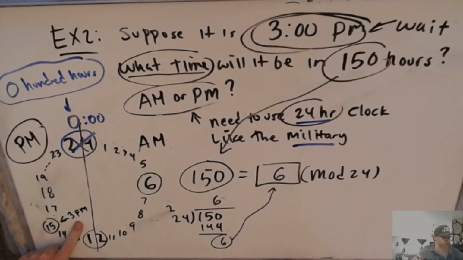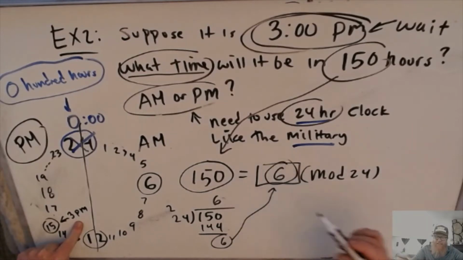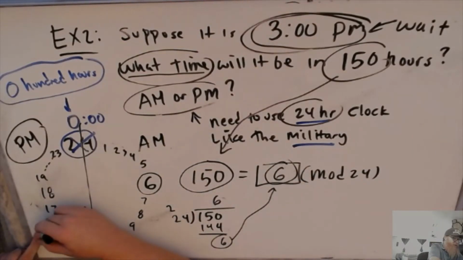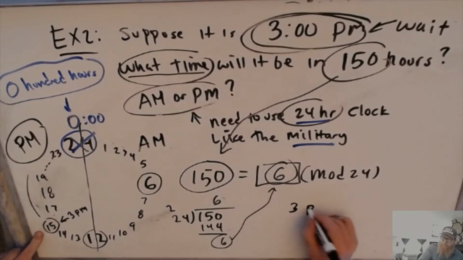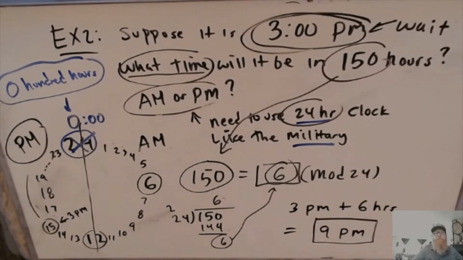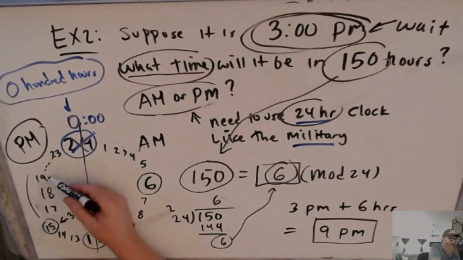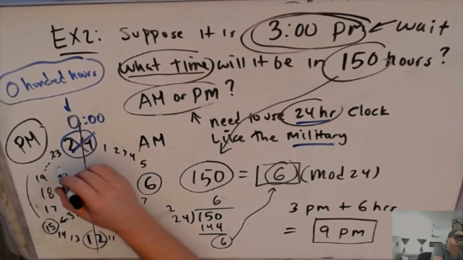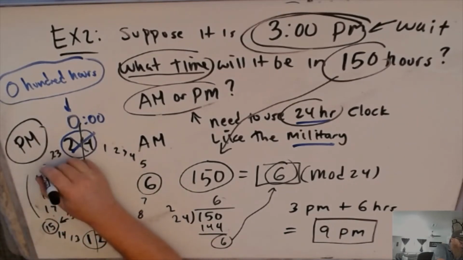It's the same as 3 p.m. And then you're going to add 6 hours to that. So you're going to go 3 p.m. plus 6 hours equals 9 p.m. So that would be our answer. 9 p.m. on a military clock is 21.